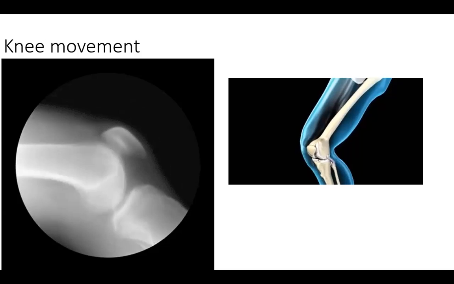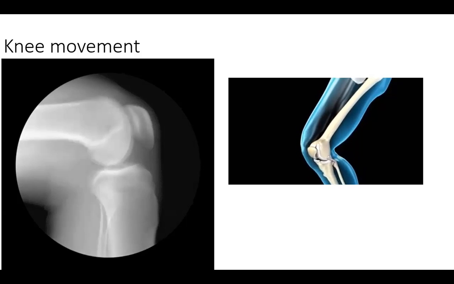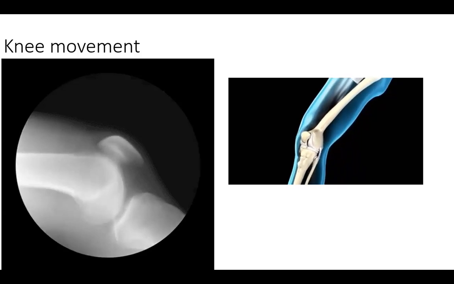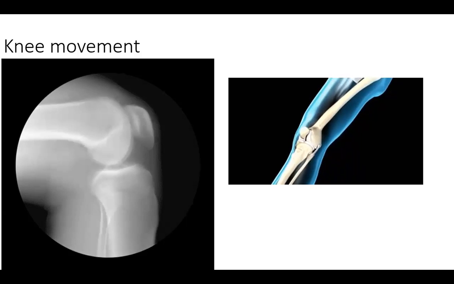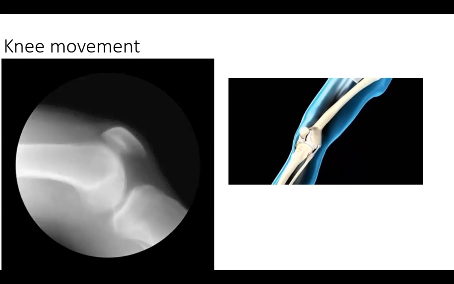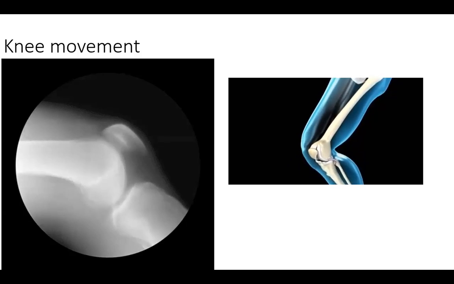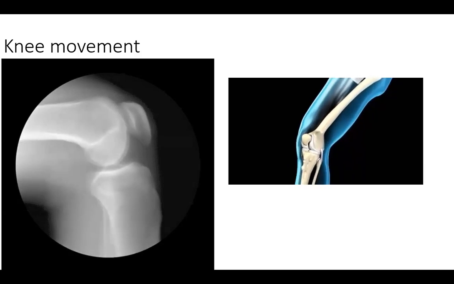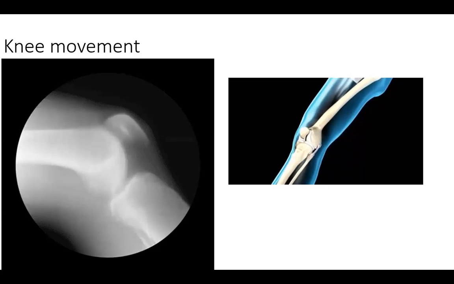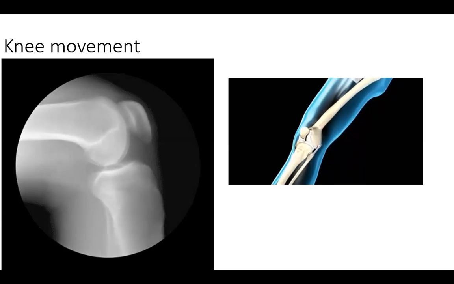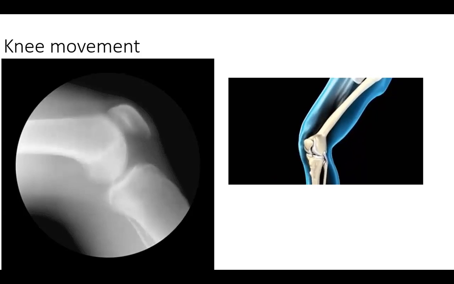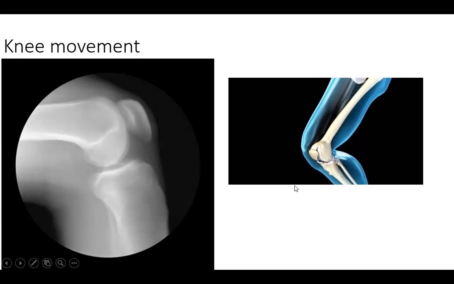But that's the direction that the knee will bend. Again, it's a hinge joint. It can slide a little bit side to side. It can slide a little bit forward, but that's all. Its range of motion is primarily to hinge, like we're seeing here.